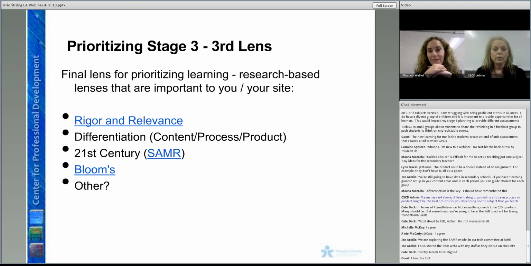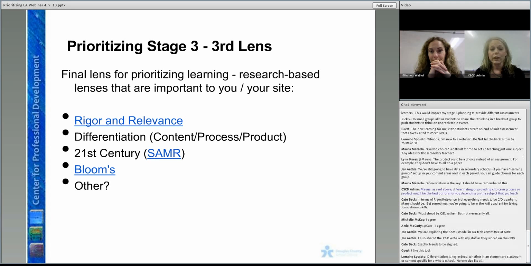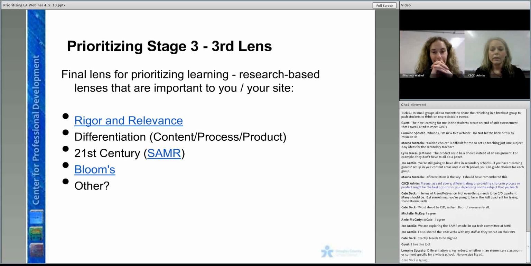And I really love the point that Liz just made, too, is we have to always ask ourselves, not only are we giving students opportunities to meet and or exceed our outcomes, but are we really setting them up to be the most successful on the assessments that we're going to ask them to show their learning? So have we, like Amy said in the chat, scaffolded their learning?